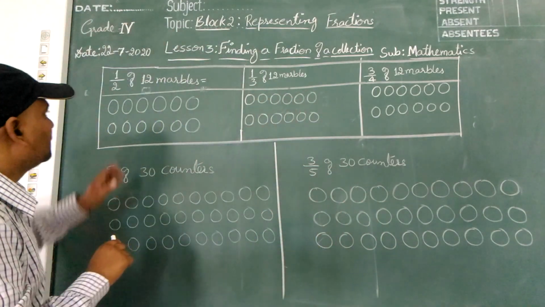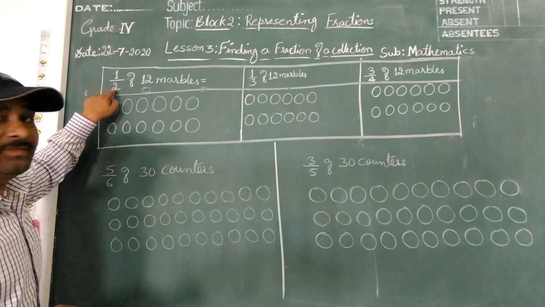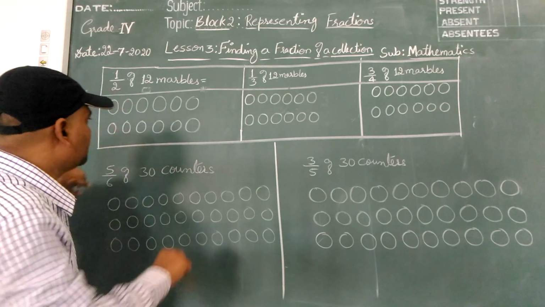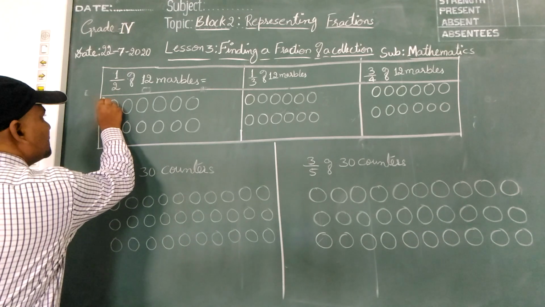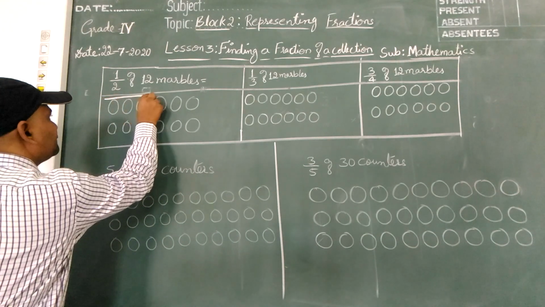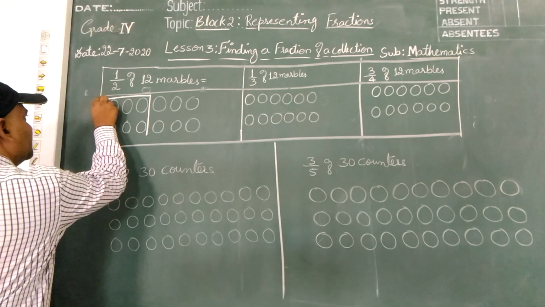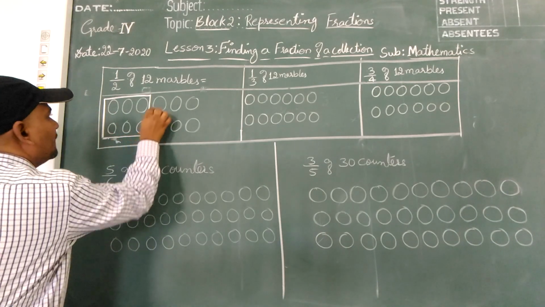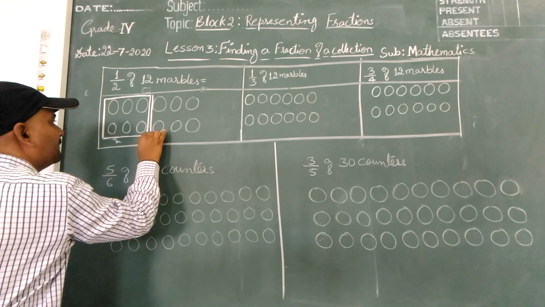So now children, we should make these 12 marbles into 2 groups. So how to make 2 groups? I have taken one group here and one more group.